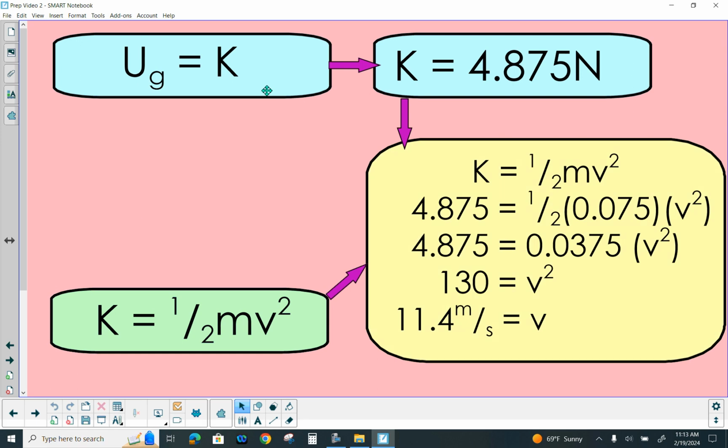We use the potential energy and make it equal to kinetic energy. We then overlap that number with the equation for kinetic energy. When we multiply the mass by 1/2 and then divide it from both sides, all we have to do is square root, and that will give us the velocity.